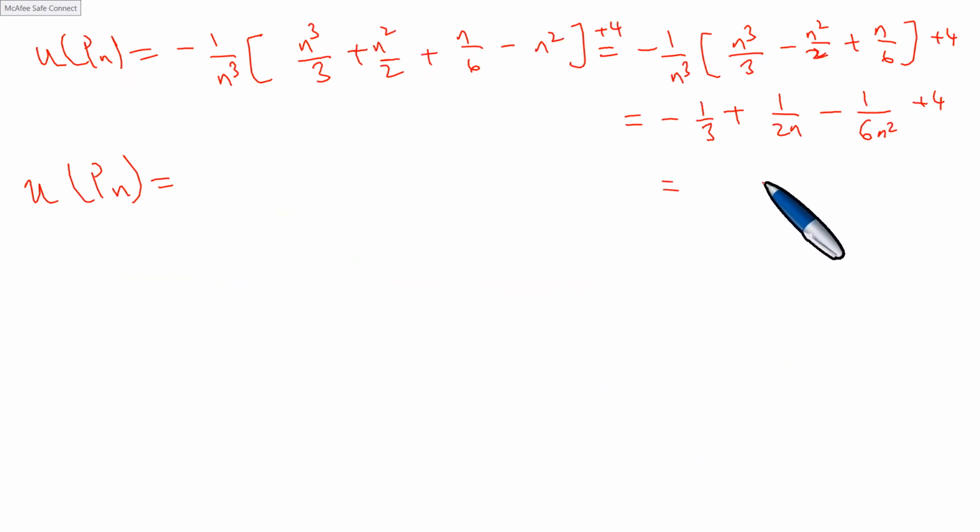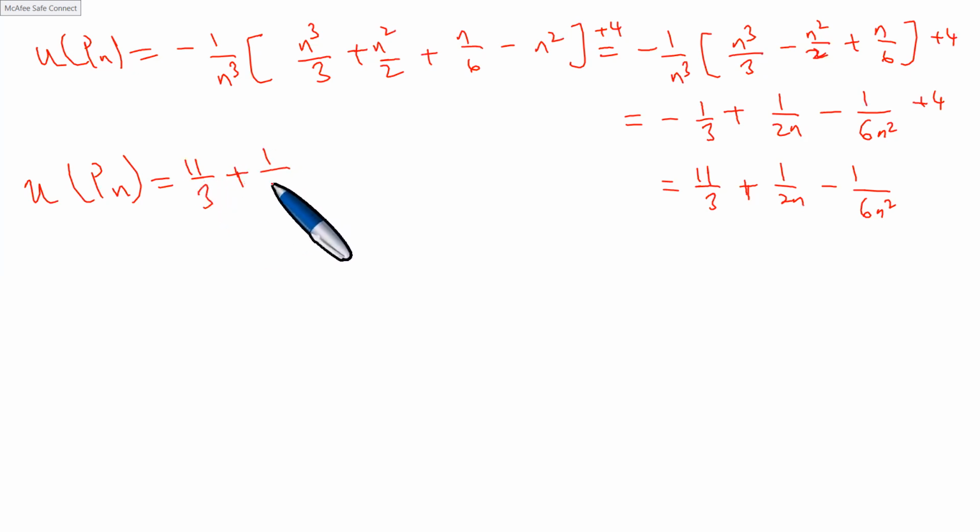And then if you add the 4, this one is going to be 11 out of 3 plus 1 over 2n minus 1 over 6n squared. Okay, let's write it down, see how it differs from the other one. So the integral very likely is just going to be 11 out of 3, and the rest will approach 0. Makes sense here.